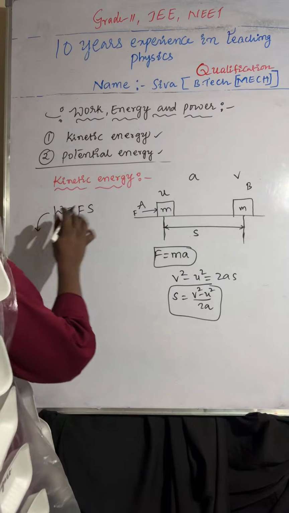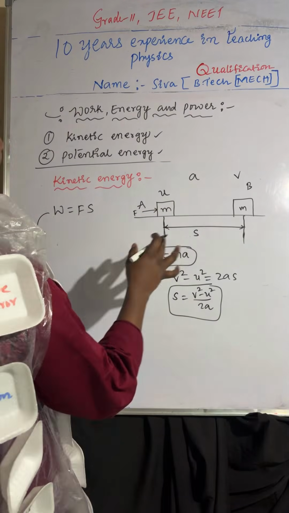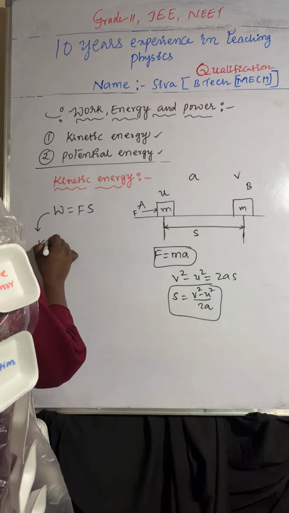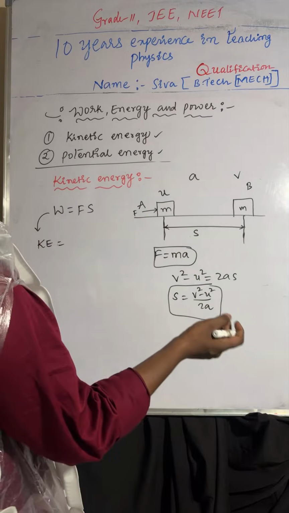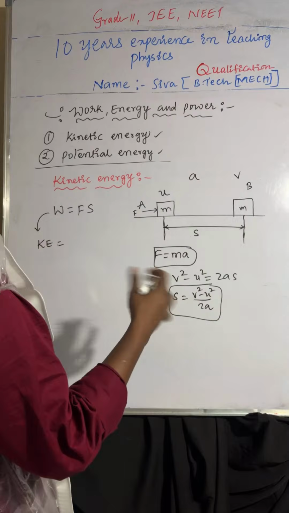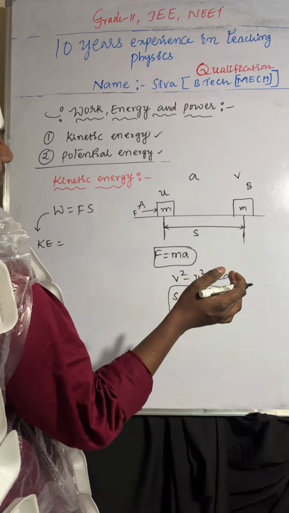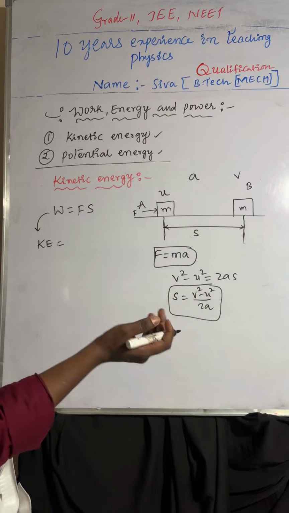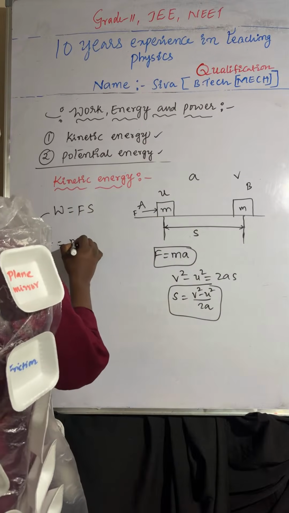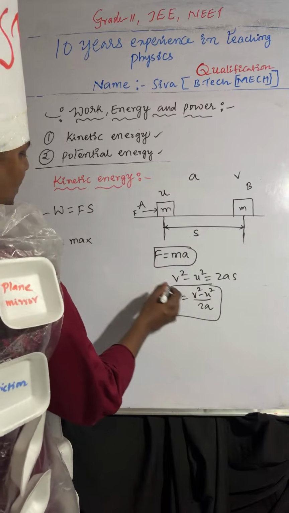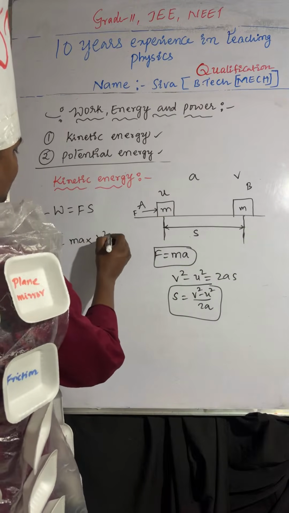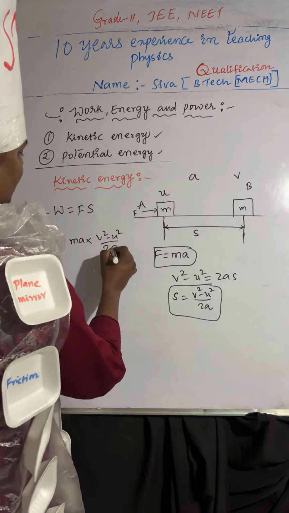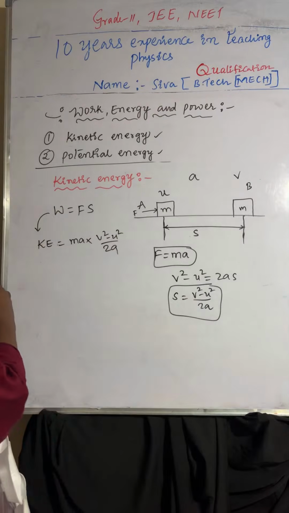So whatever work is done on the body will become kinetic energy, because the body has started moving. When the body is in a moving condition, it has kinetic energy. So we know F equal to ma and s equal to v square minus u square by 2a.